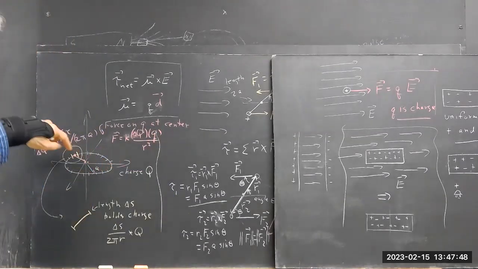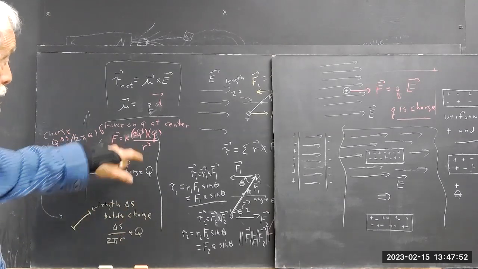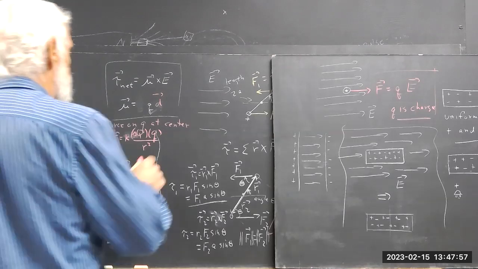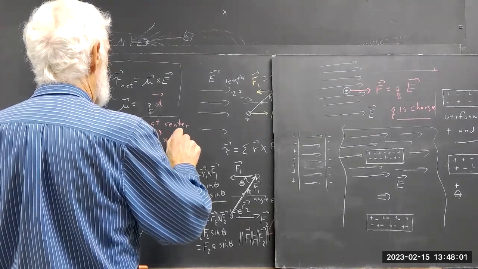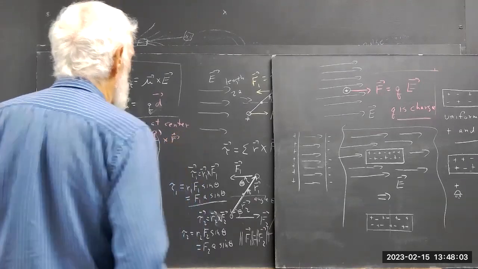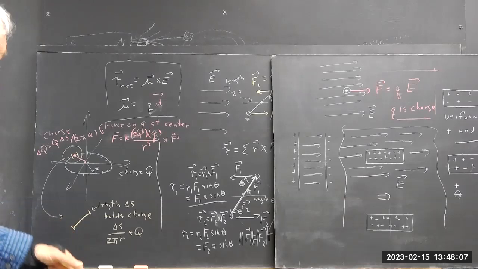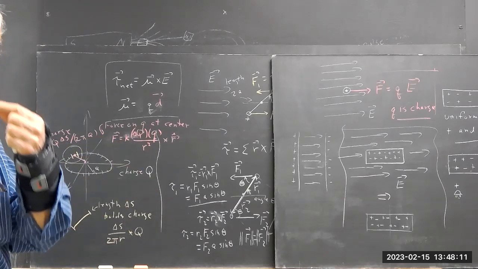It's just your K times this charge times this charge, over R squared at the center, times your R hat, your different vector. Okay, so it's a vector in this direction with this magnitude. Okay.